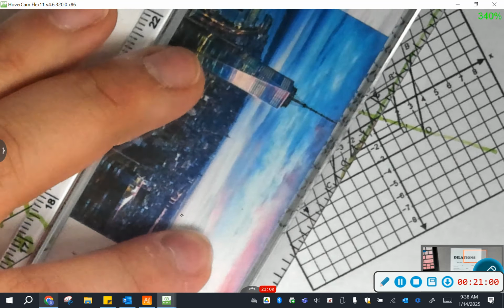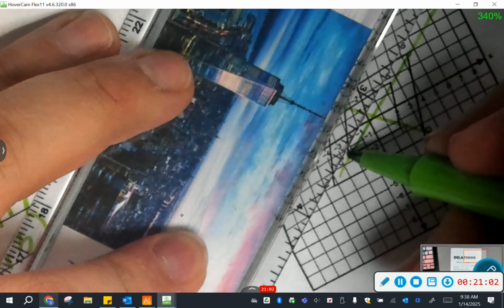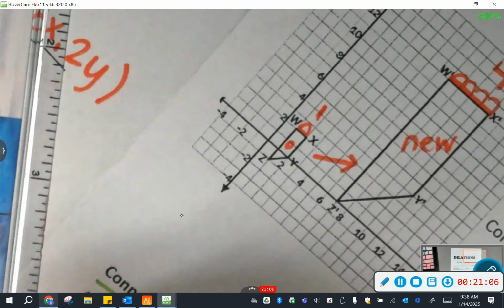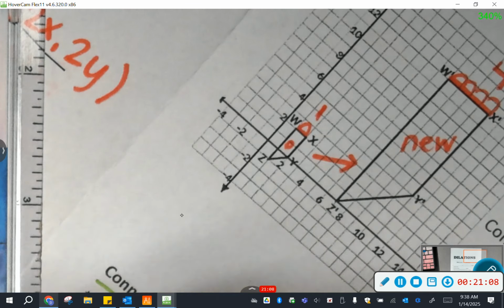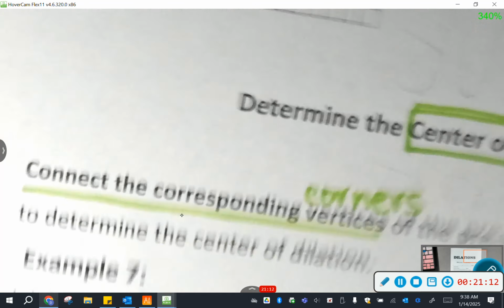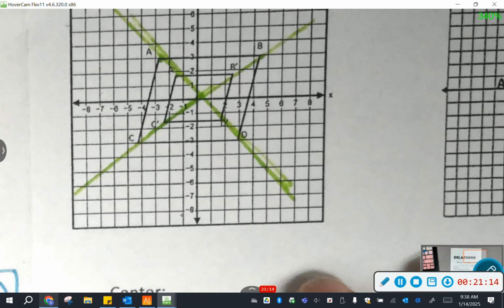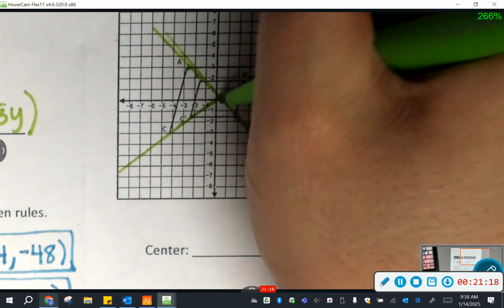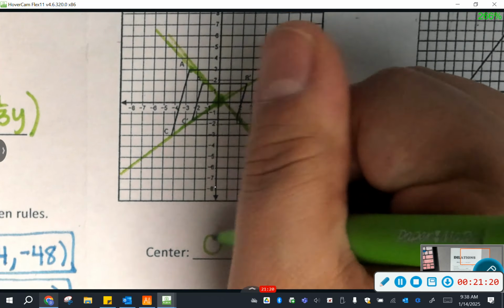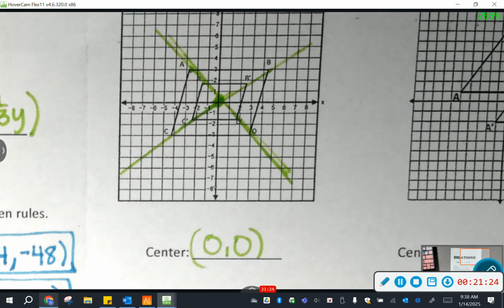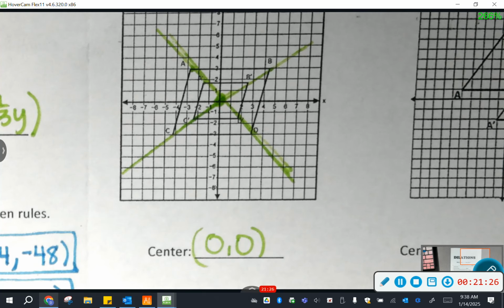I'm going to do C with C, draw a line, and then D with D. When I connected all of them, where do they all meet at? 0, 0. So the center of dilation for this problem right here is 0, 0.